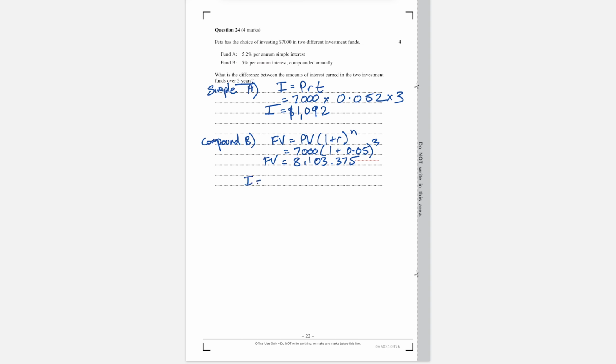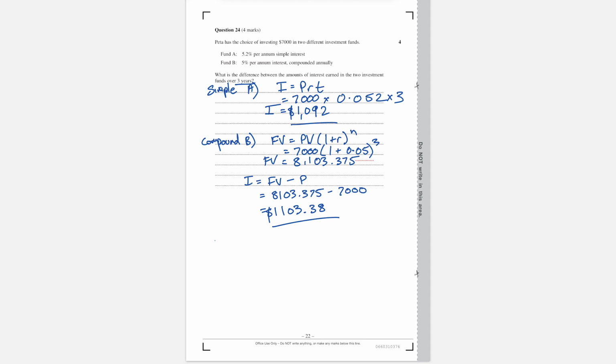So the interest is going to be final value minus principal, which is 8,103.375 take away that initial 7,000. So we're left with 1,103.38. We're doing that to 2 decimal places because it's money. And those are the two interest amounts that you get with option A and option B.